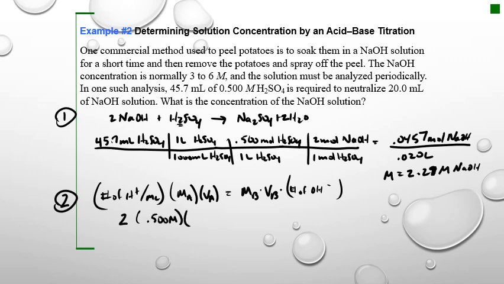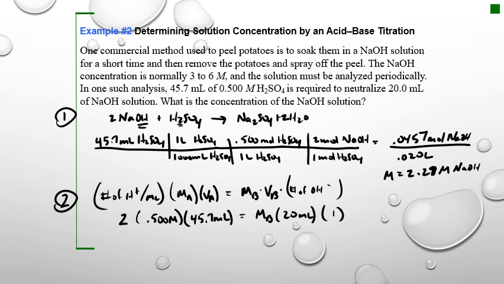It's nice with this formula because you don't have to convert between milliliters and liters because they'll cancel off. So I have 2 times 0.5 times 45.7, and that's going to equal the molarity of the base times 20 milliliters times 1 for my number of hydroxides. NaOH, 1 molecule has 1 OH minus.